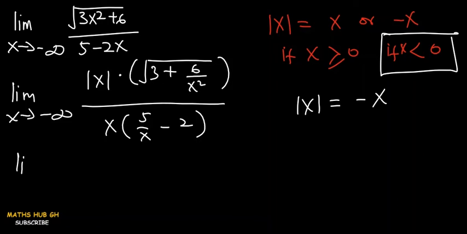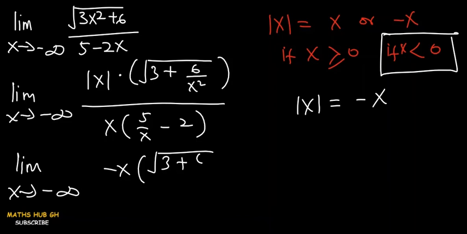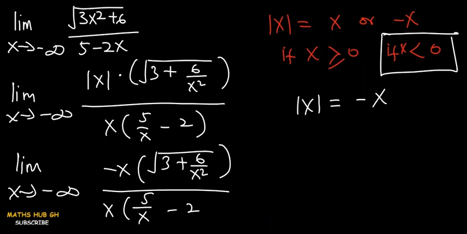Okay, so let's do the substitution. We're going to have the limit as x approaches minus infinity for minus x, bracket open, the square root of 3 plus 6 over x squared, divided by x, bracket open, 5 over x minus 2. This is what you are going to have. Now you can do the cancellation. This will cancel out this. From this point, let's do the direct substitution.